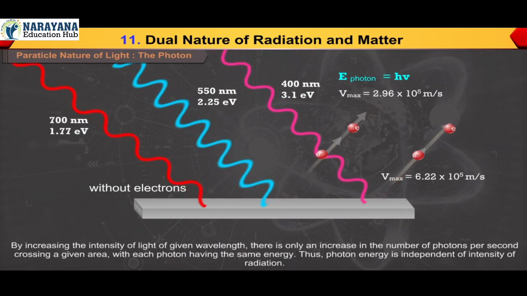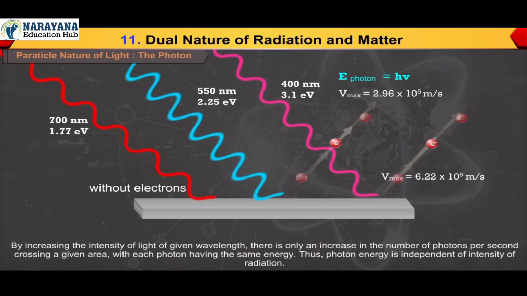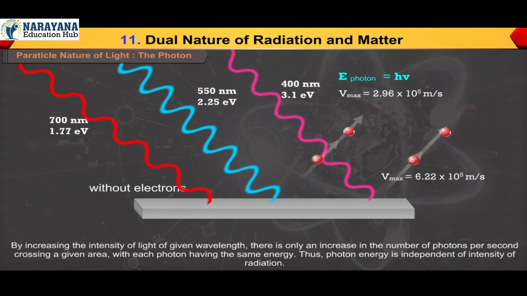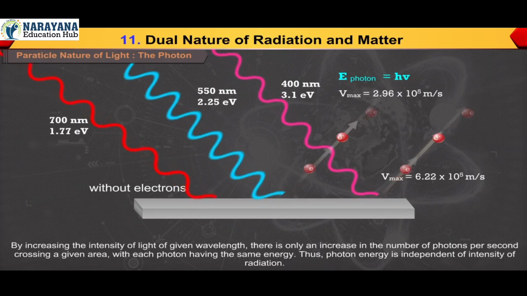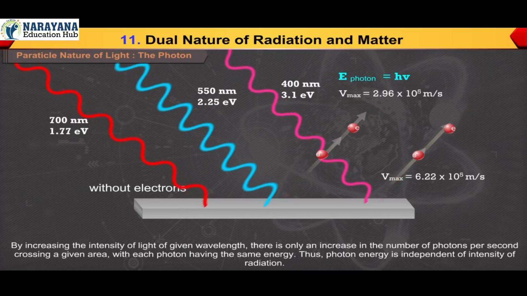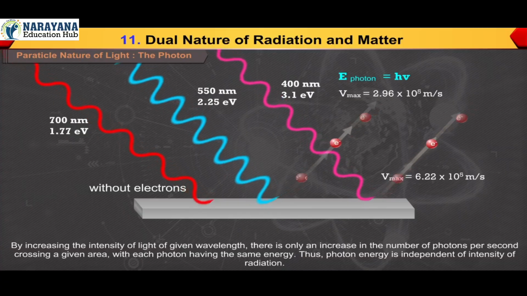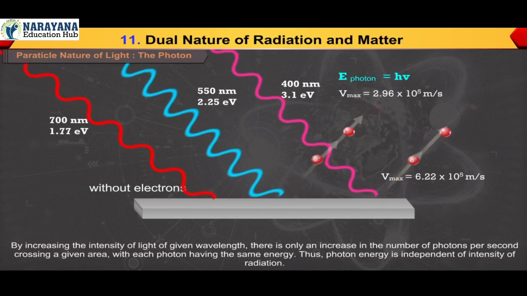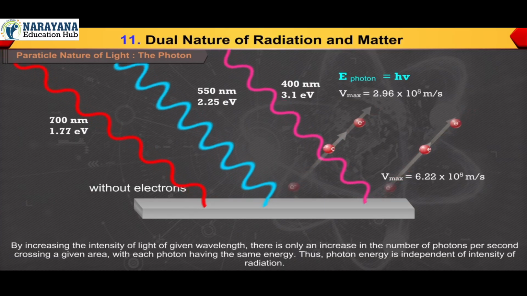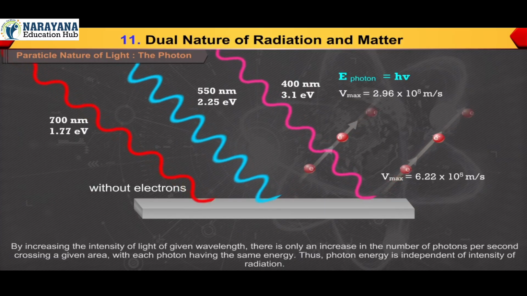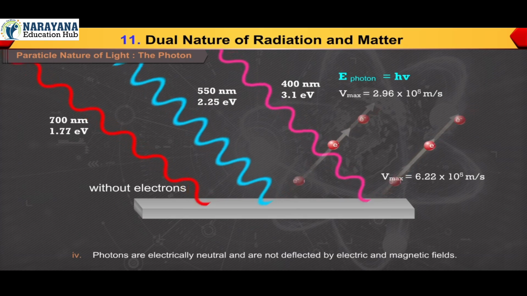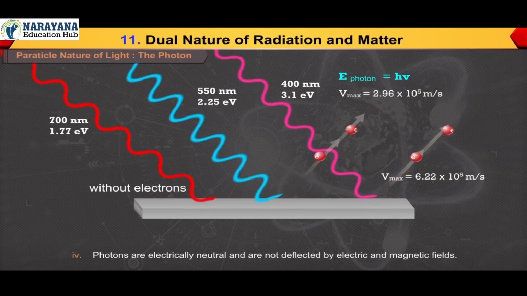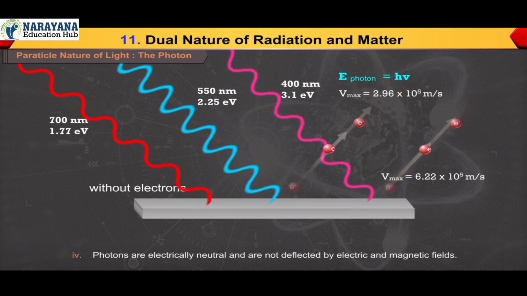By increasing the intensity of light of a given wavelength, there is only an increase in the number of photons per second crossing a given area, with each photon having the same energy. Thus, photon energy is independent of intensity of radiation. Number 4. Photons are electrically neutral and are not deflected by electric and magnetic fields.